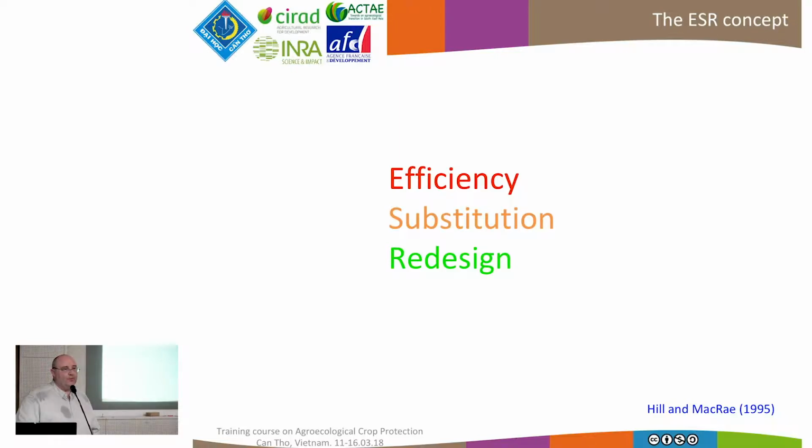I will just come back to the ESR concept that you heard of yesterday. So remember, it's efficiency, substitution, and redesign when we want to reduce input in agroecosystems. Is it okay for these 3 levels? I will use them because I will now show a collection of examples in the field of crop protection which are related to each of the 3 levels of the ESR concept.